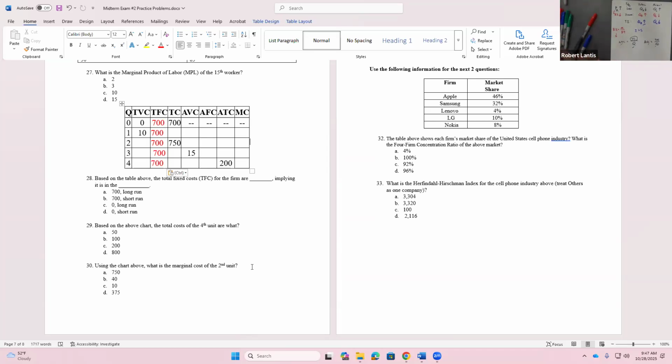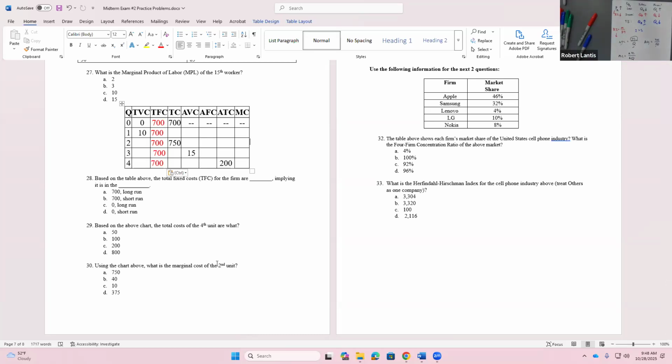Now, marginal cost might be a little trickier. My marginal cost is the change in my total cost divided by the change in quantity. In this one I was asking, what's the marginal cost of the second unit? So this might be an example where I want to add something in.